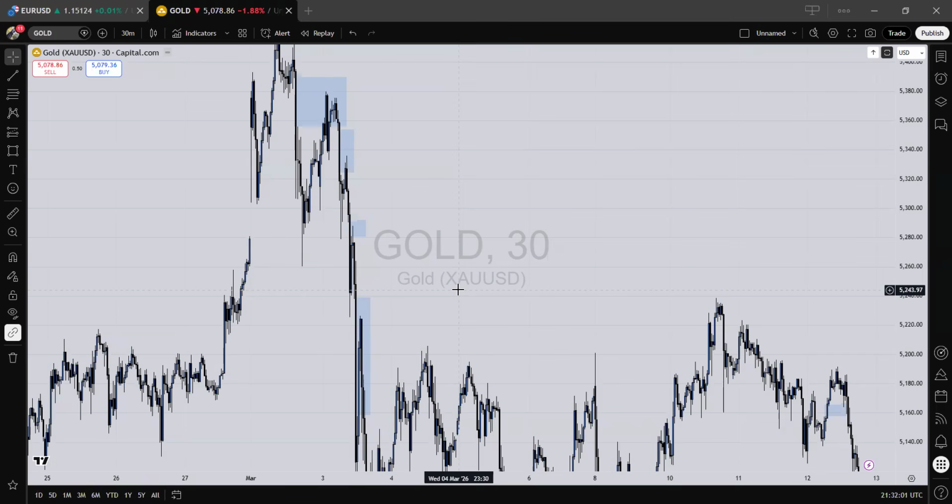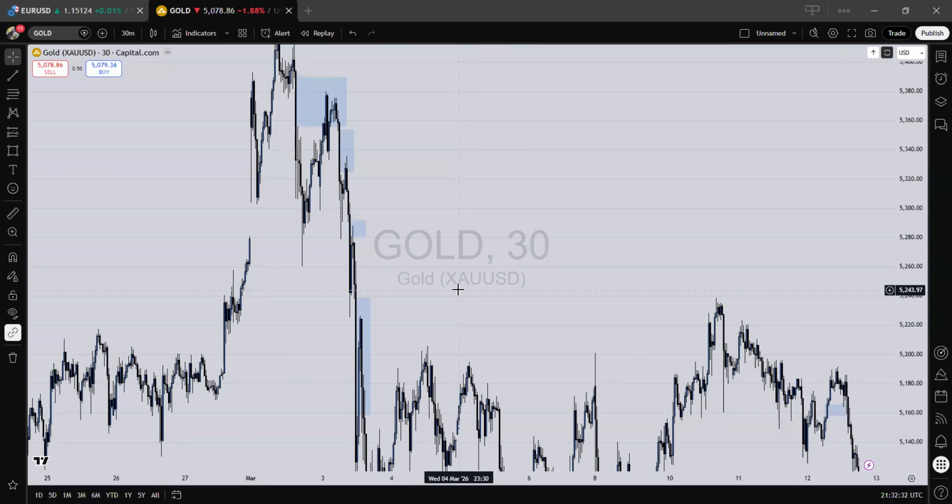Well, I don't know about other players, but gold can react at any time and on any day. It can make the whole move of the week in one day, and the remaining days it will just be in one position there.